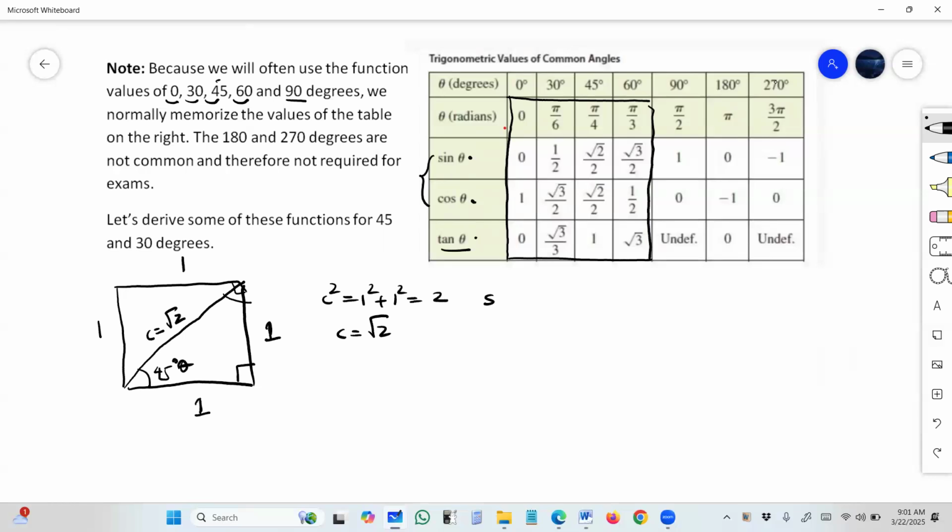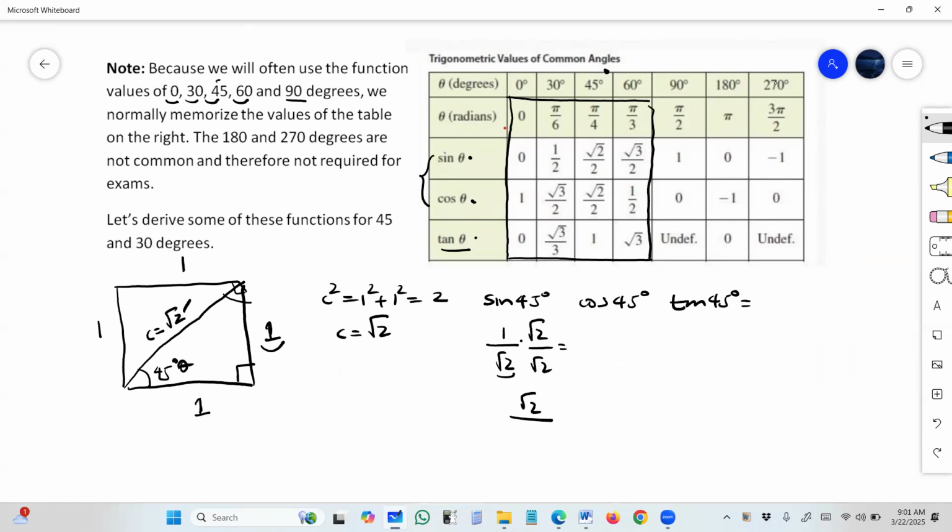Now I find the trigonometric functions. So let's just do 3: sine, cosine, and then tangent of 45. The values are up here. So here's 45. Sine of 45 is opposite over hypotenuse, which is 1 over radical 2. But I can't leave this here, so I have to rationalize.